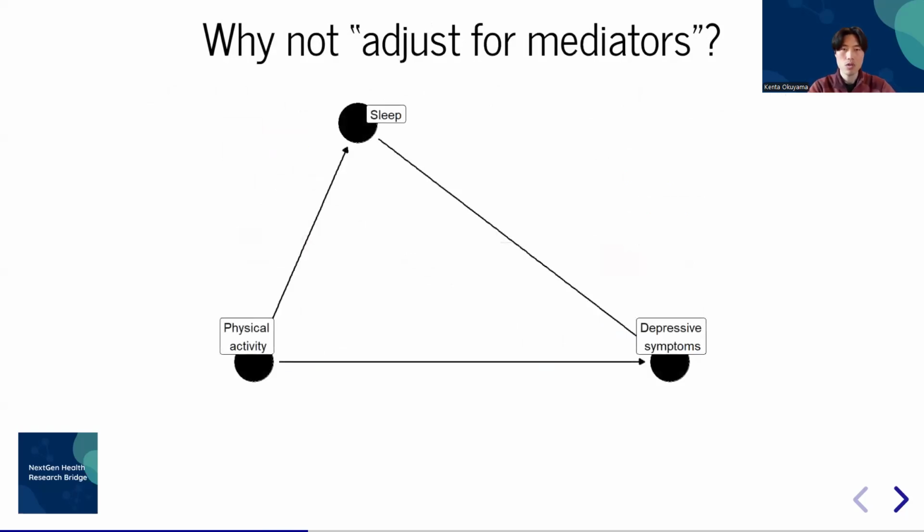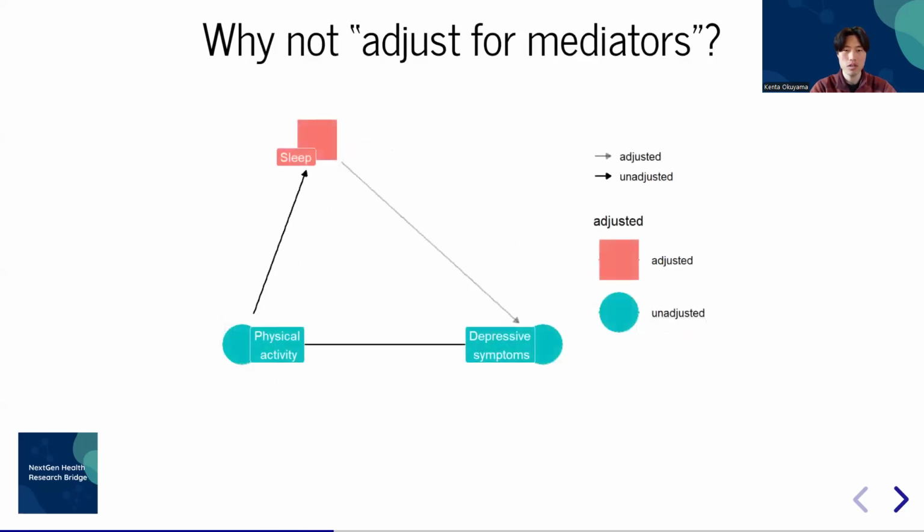And we are also given the data about sleep quality. If we did not have good subject expertise on how sleep quality is associated with physical activity and depressive symptoms, we may end up adjusting for this third variable to estimate the effect of physical activity on depressive symptoms.